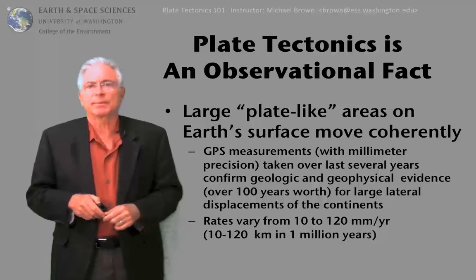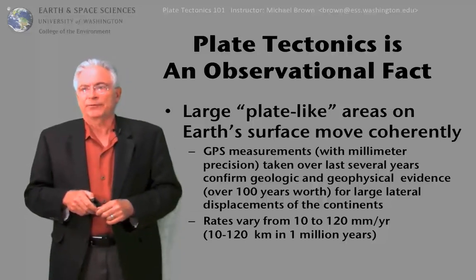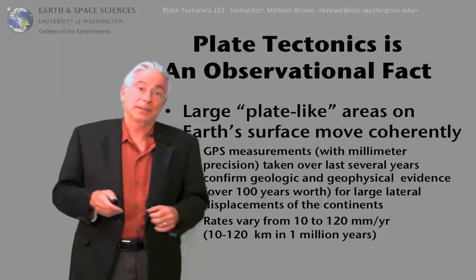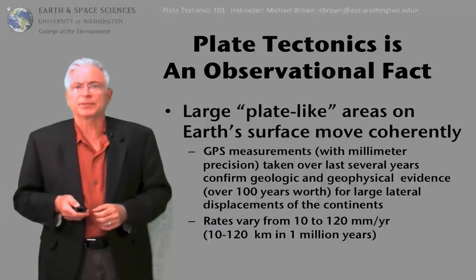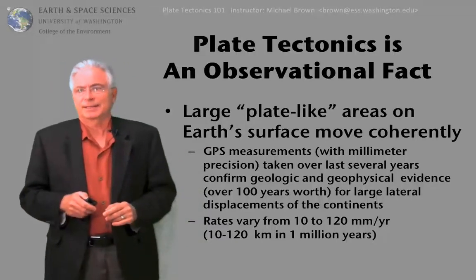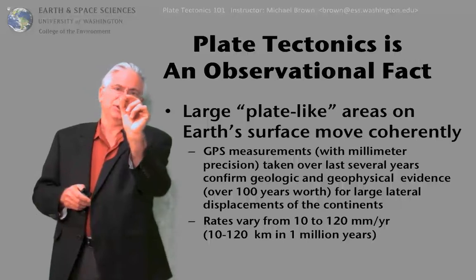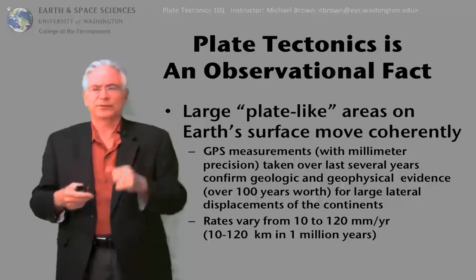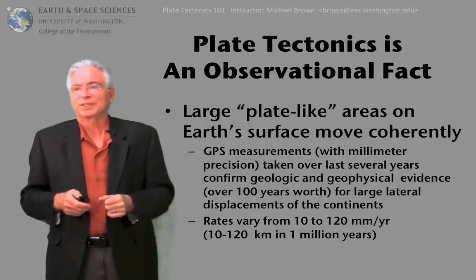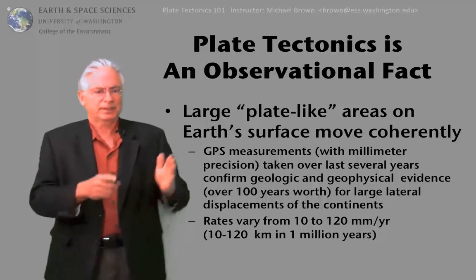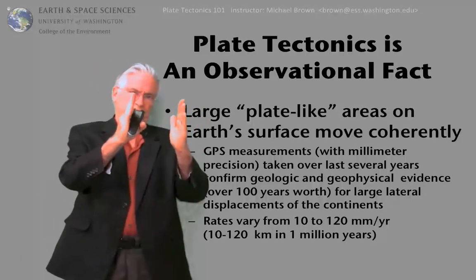The rates of these plate motions are variable from 10 millimeters a year to 120 millimeters a year. So how big is 10 millimeters? Well, that's half an inch-ish, so it's the width of your finger. 120 millimeters, well, that's something like about 6 inches.